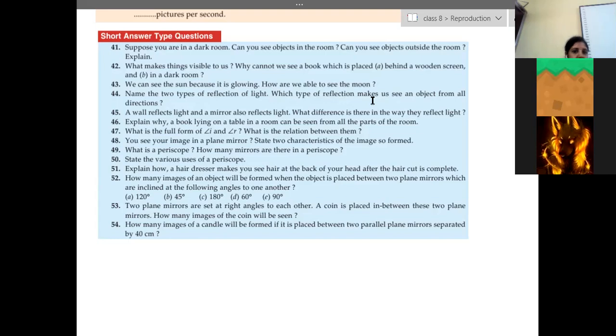Ma'am, regular. One more thing you have to remember: in regular reflection, more light rays will reach the observer and we can see the object brighter as compared to diffused reflection.